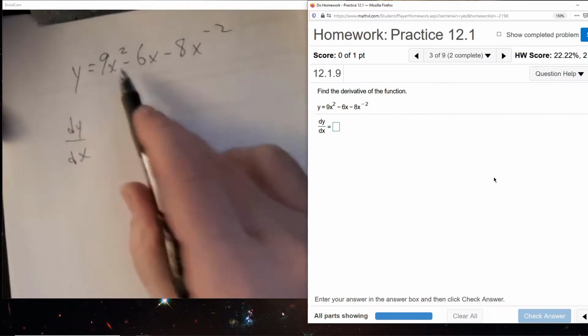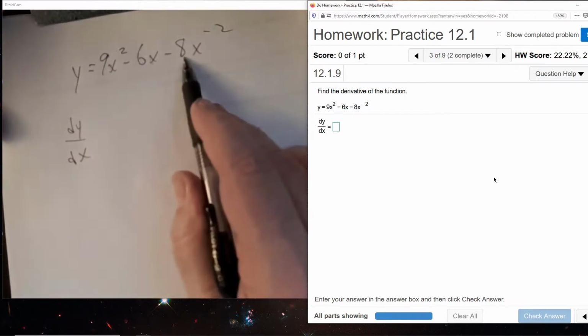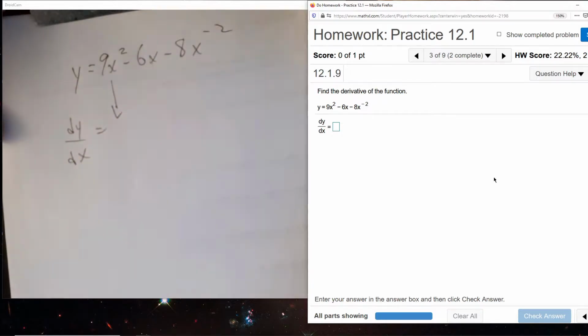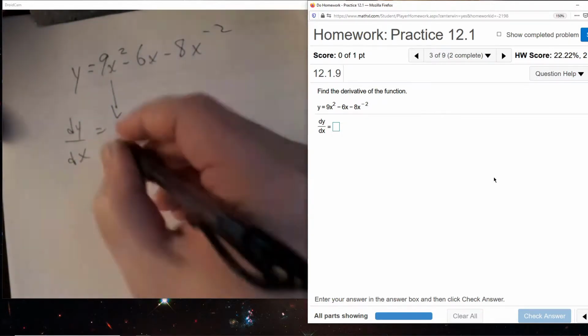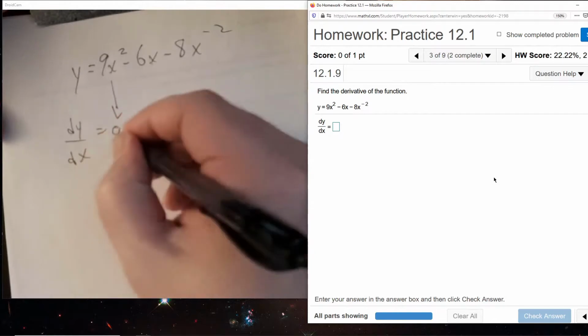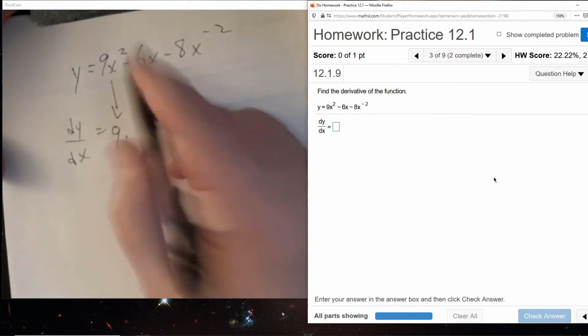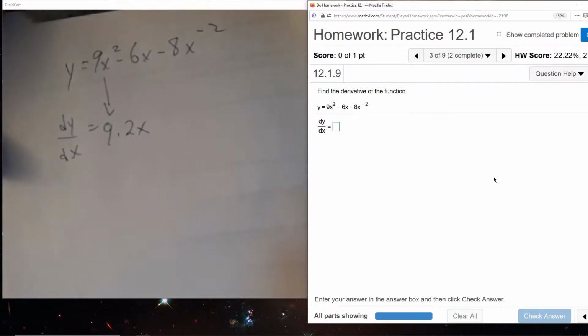Remember, the derivative distributes, so we can do each of these term by term. So we'll do this one first. So the constant, and then the derivative of x squared is 2x.